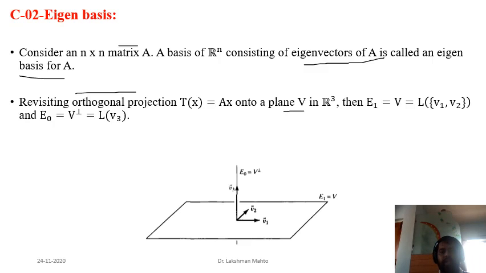We denote T(x) equal to Ax. Geometrically, T(x) is the projection of any three-dimensional vector over the plane V. So definitely you will get a matrix of this projection transformation.